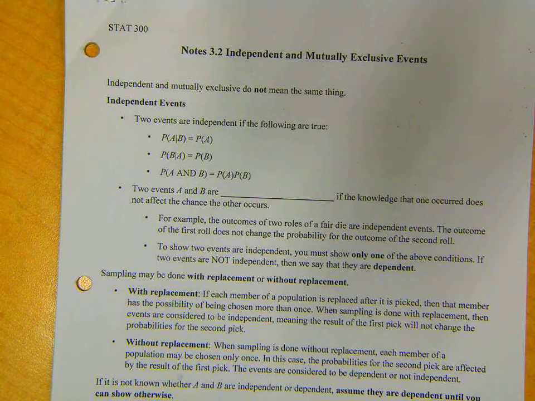If we knew B occurred already, it had no effect on what the probability of A was. So that is independent. A is independent of B because it didn't change the probability.